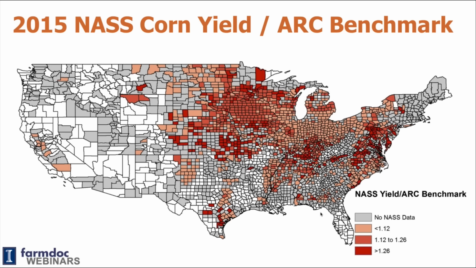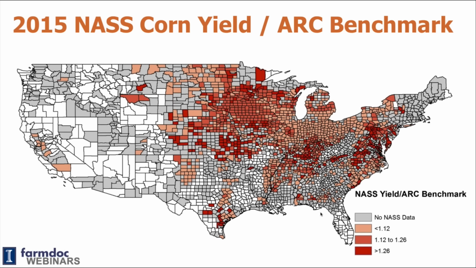Another thing I did here to illustrate: I've got the counties shaded in gray, where we're assuming we'll have an ARC program again in 2015, but no NASS yields are available. And then I've got three different colors, three different series on this map. This is looking at the ratio of the 2015 NASS corn yield to the ARC benchmark yield for 2015 in that county.